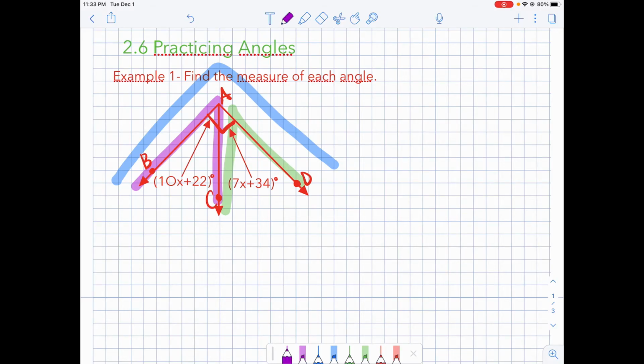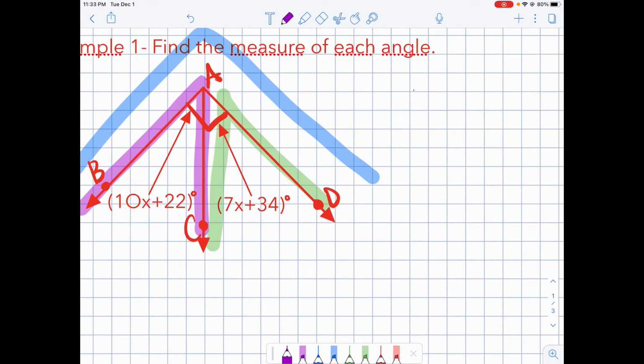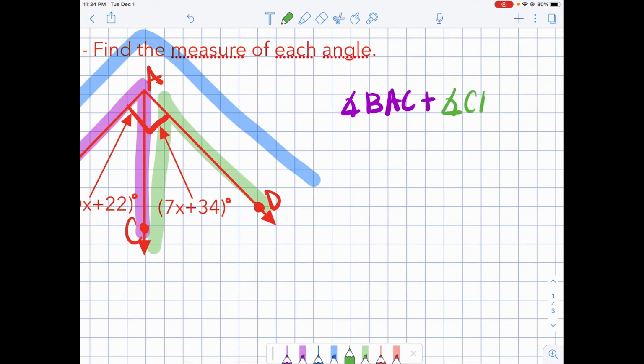Now, I highlighted the first angle in purple, so I'm going to start with that angle and write down angle BAC. You'll remember that if we name an angle, we have to have the vertex in the middle. So I said angle BAC, which names the angle I just mentioned, plus angle CAD, which again names the angle with the vertex in the middle.